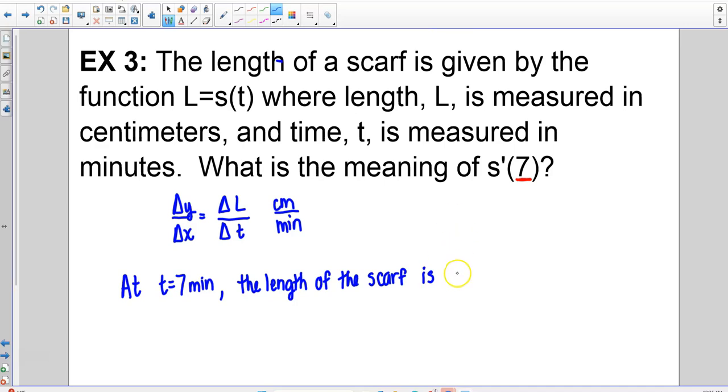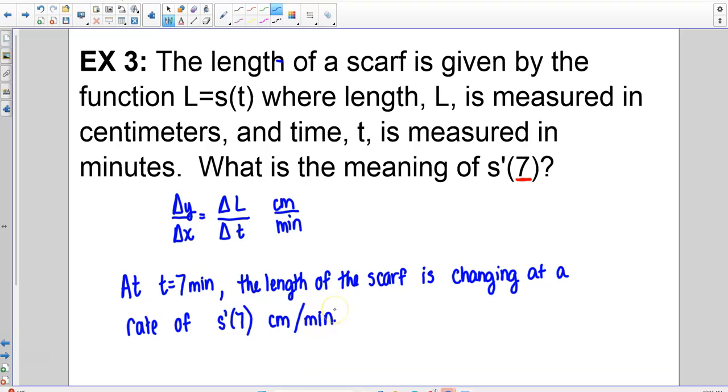So the length of the scarf is changing at a rate of S prime of 7 centimeters per minute. Now, more than likely, if we had a number, it's probably increasing, right? I'm assuming we're knitting the scarf and not pulling it out, but it could be the other way. Okay, if it's a first derivative, it's going to be the rate of change of whatever your dependent variable was.